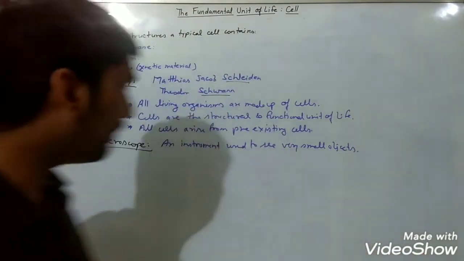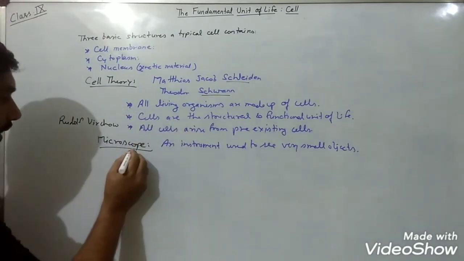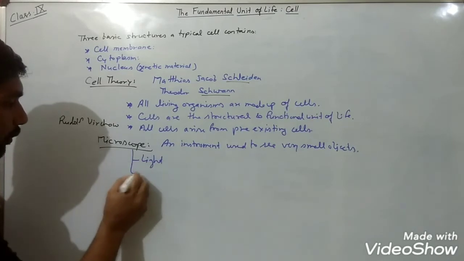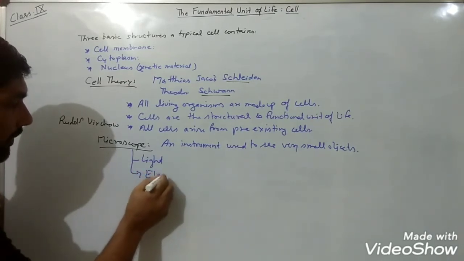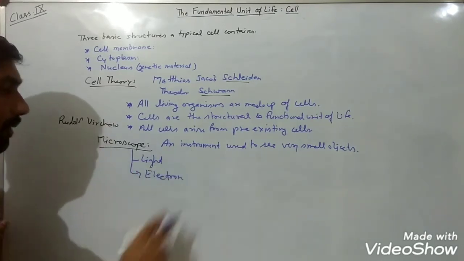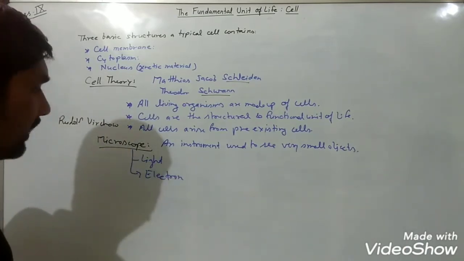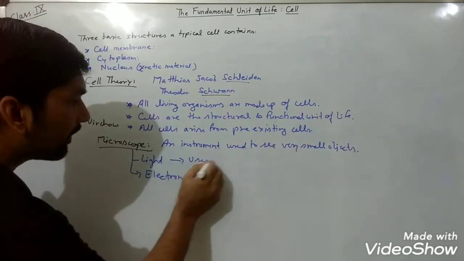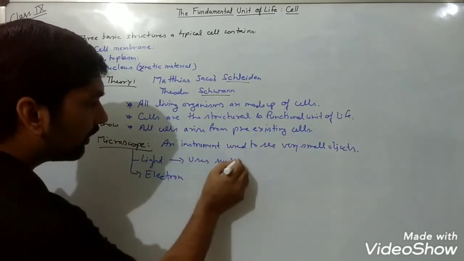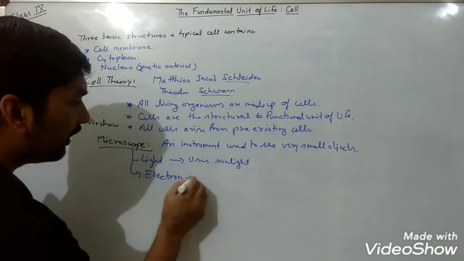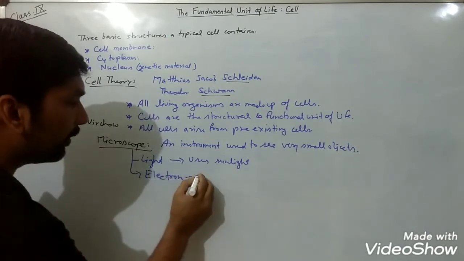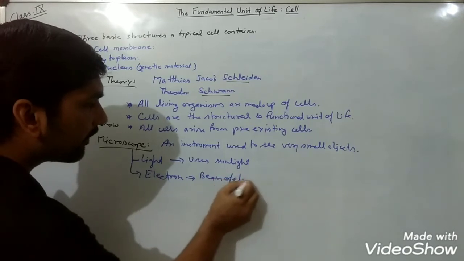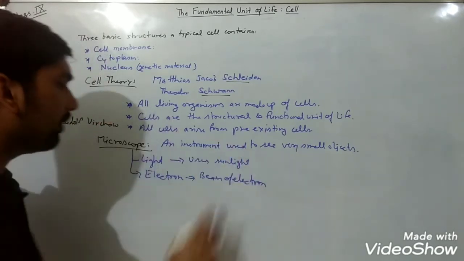And these microscopes are of two types. The first one is known as light microscope and the other one is known as electron microscope. From the name itself you can get an idea that light microscope uses sunlight and the electron microscope uses the beam of electrons.